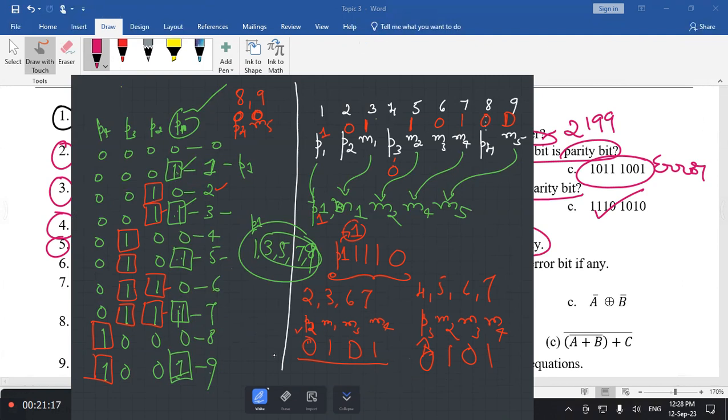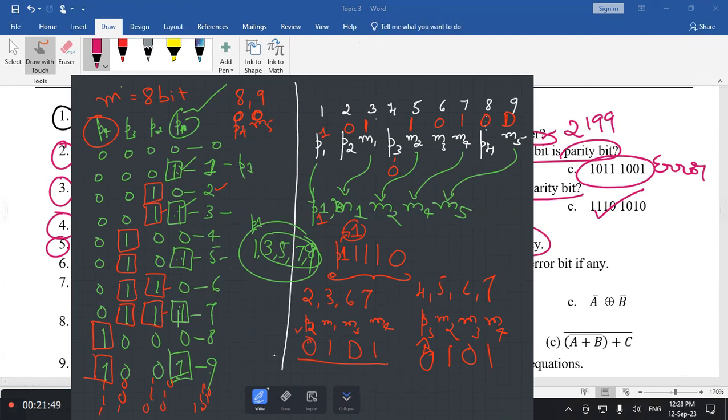Now you are going to extend this till how many places? Till 12. So the last one will be P4. What are the combinations for P4 now? If your message is of 8-bit length, what are the P4 combinations? Position 10 is 1, 0, 1, 0; 11 is 1, 0, 1, 1; 12 is 1, 1, 0, 0.